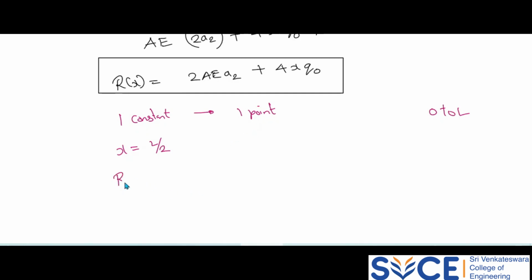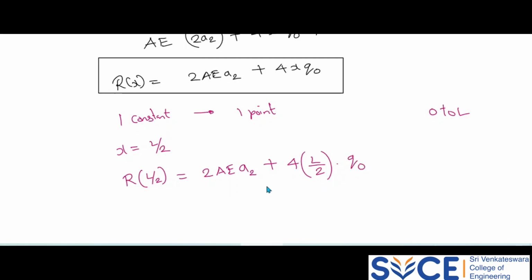So in that case, I will say R of L by 2, where x is replaced by L by 2, which is equal to 2ae a2 plus 4, x is L by 2, L by 2 into q naught.